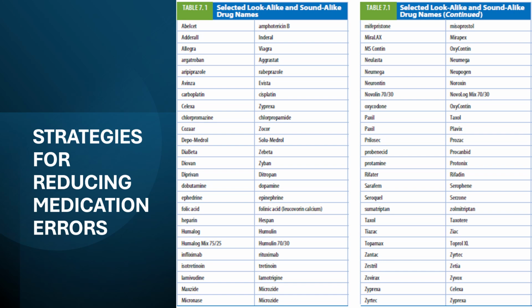Next, use the correct procedures and techniques for all routes of administration. Use sterile materials and aseptic techniques when administering parenteral or eye medication. Next, calculate medication doses correctly and measure liquid drugs carefully.